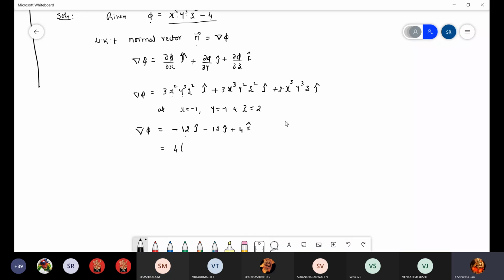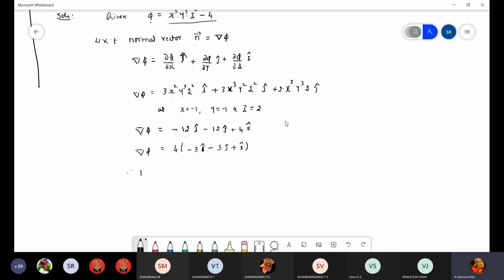You will get 4 times minus 3 i cap minus 3 j cap plus k cap. So this is grad phi.